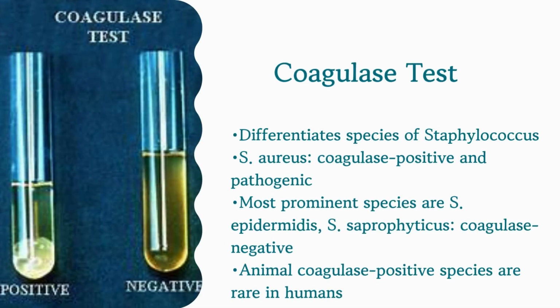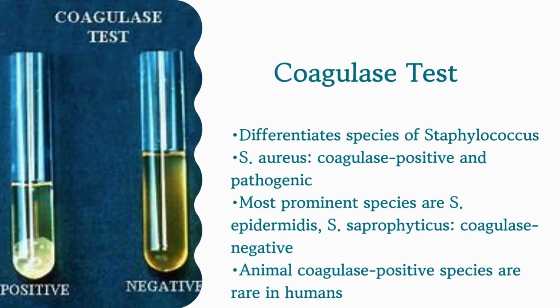Another important test is the coagulase test. The coagulase test is also based upon the enzyme coagulase, and it is used to differentiate species of Staphylococcus, especially Staphylococcus aureus and the coagulase-negative Staphylococcus. The most prominent coagulase-negative species seen in humans are Staphylococcus epidermidis and Staphylococcus saprophyticus.